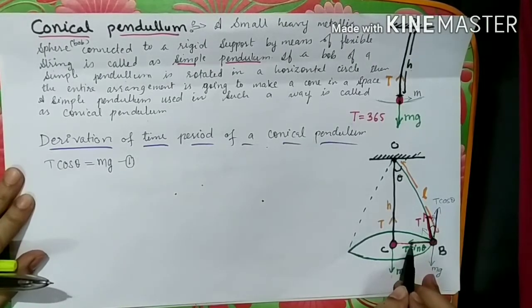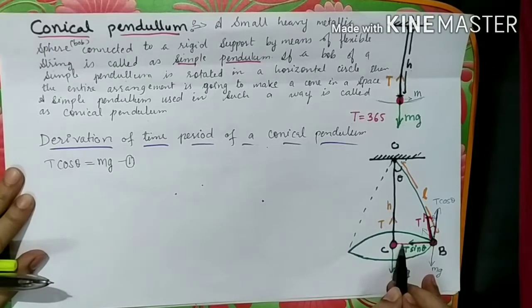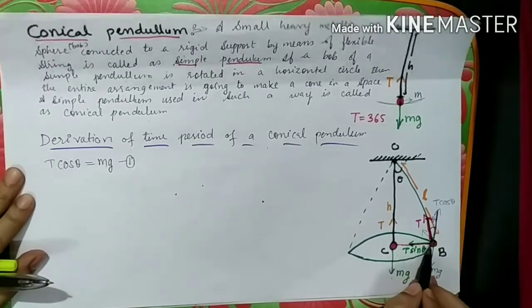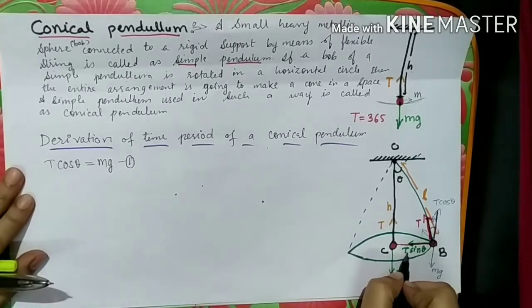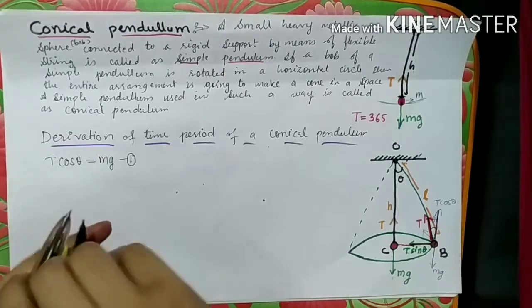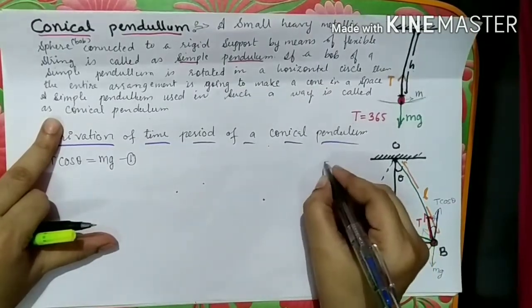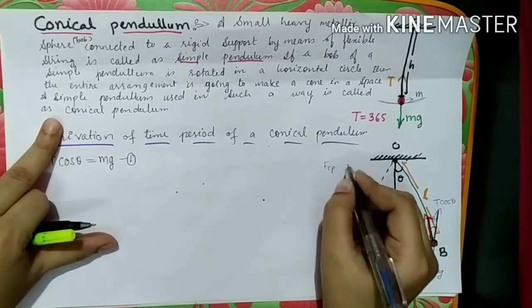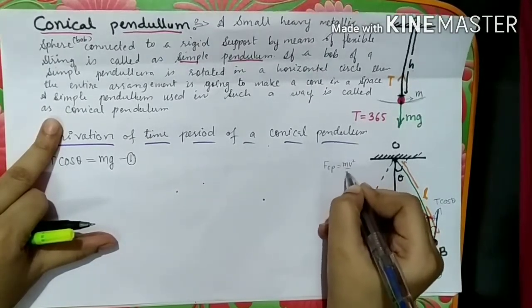Second thing, see the direction of T sin theta. This T sin theta is directed along the radius towards the center, so obviously it is going to provide the necessary centripetal force. In the last to last lecture we had seen the two formulas for the centripetal force. One is mv square upon r.